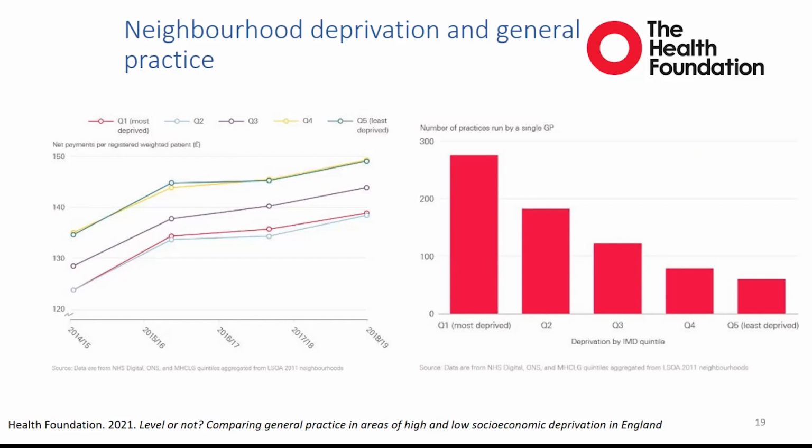And then we see that the number of practices on the right being run by a single-handed GP is quite high in the most deprived areas compared to the least deprived areas. So essentially you have these single-handed practices in the most deprived areas, seeing patients with the most complex needs.